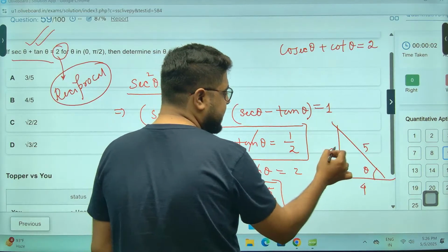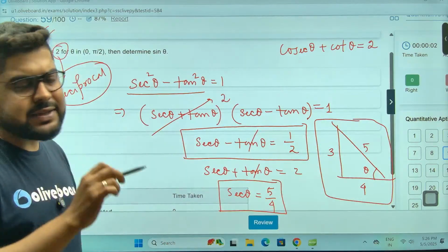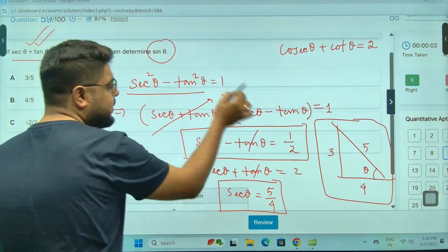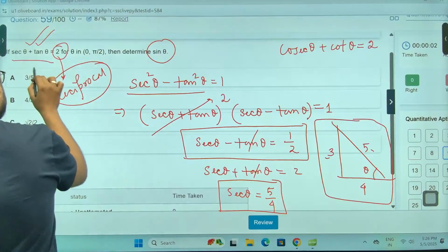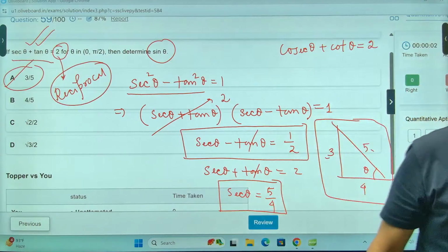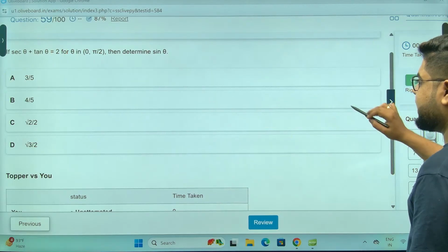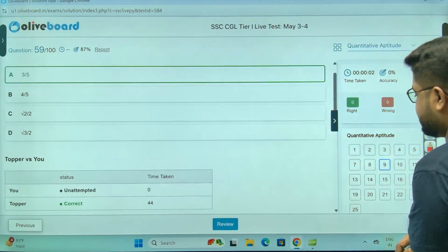So this must be 3 using Pythagorean triplets. They are asking sine theta. Sine will be 3 by 5. The answer is option A. Reena had given exactly the correct answer.